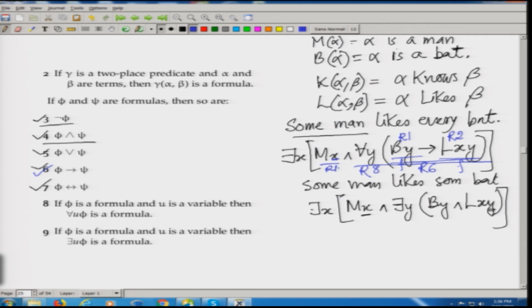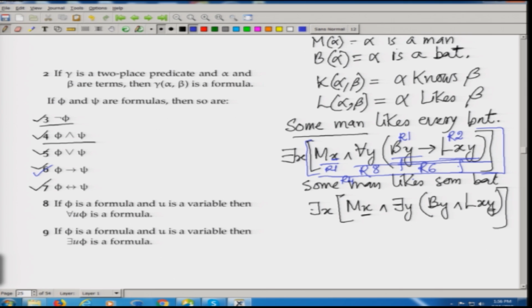Because this is a licensed construction and this too is a licensed construction, I now use rule 4 for constructing this. And finally, because the entire thing is a licensed construction, I can just use rule 9 on it.